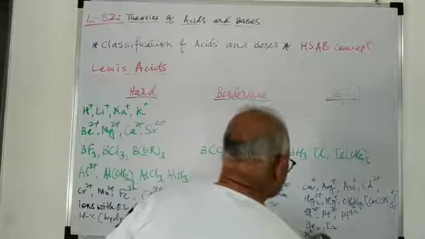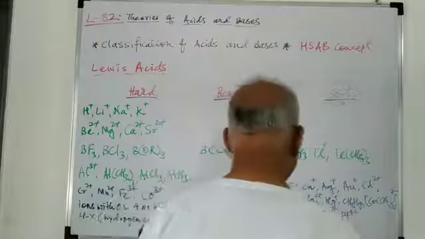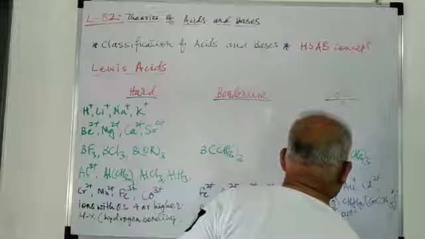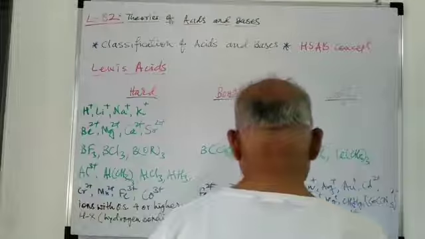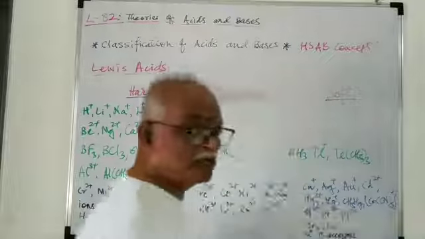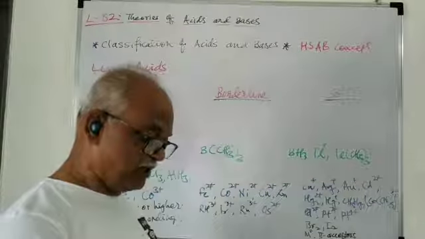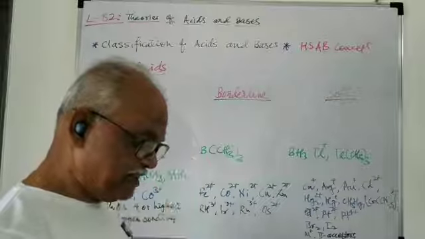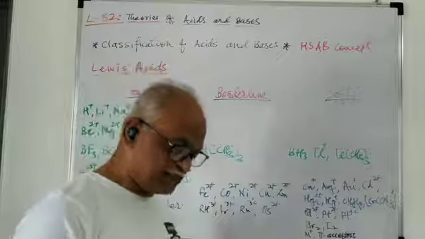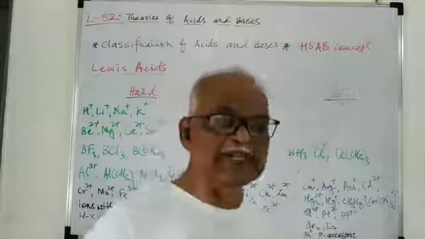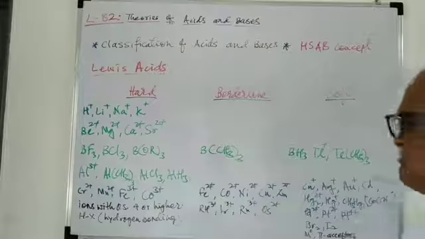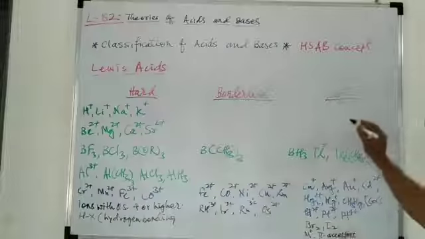Then pi species, pi acceptors. For example, trinitrobenzene, quinones, etc. or tetracyanoethylene. So these are pi acceptor species, which are much more soft.